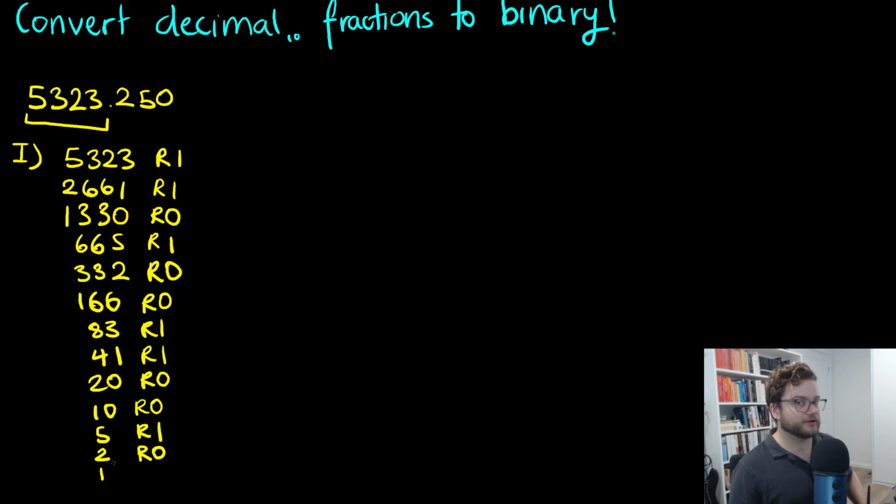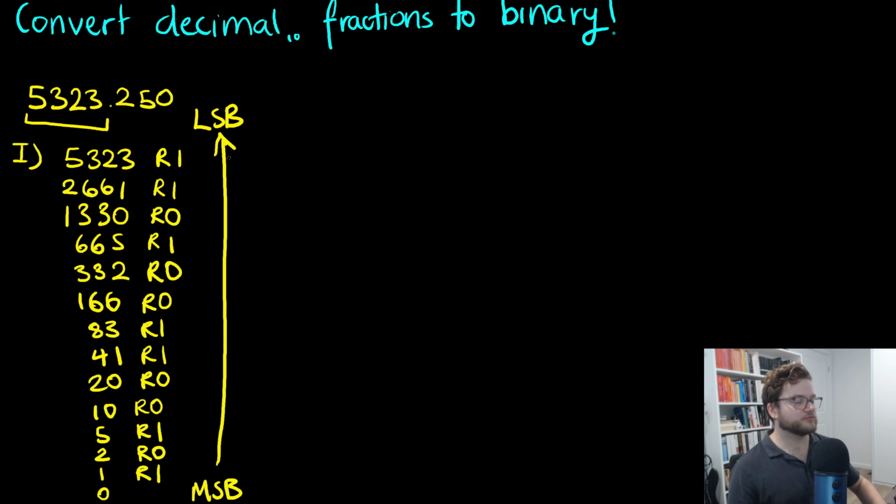Now we do 1 divided by 2, which is actually 0.5, so we get the 0 here, and we get the remainder, and the remainder is 1. Now, this is the most significant bit, and up here, this is the least significant bit. And so it means we write down our answer starting from here and going up to here.